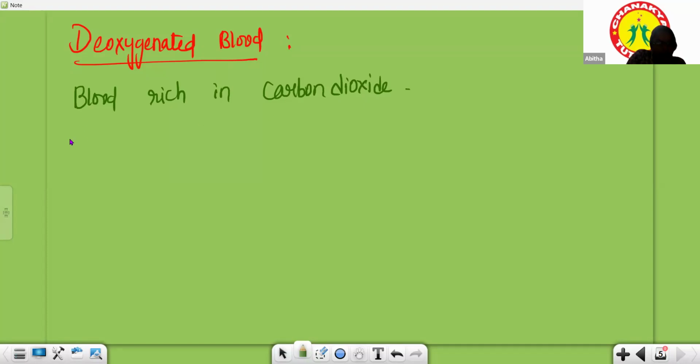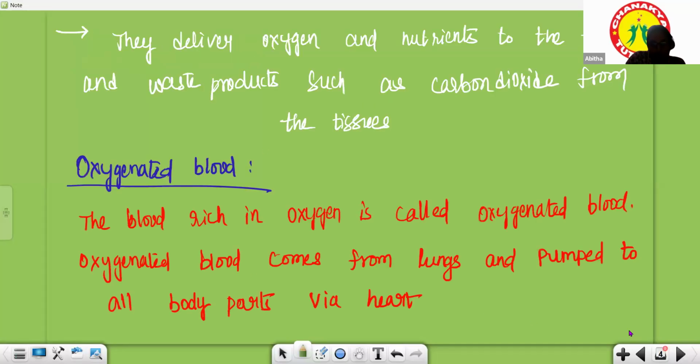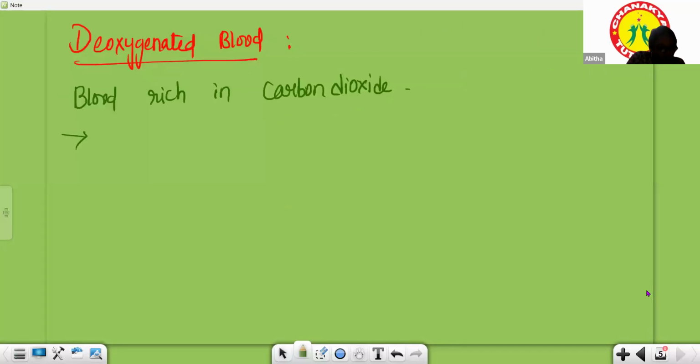If you compare the colors, the color of oxygenated blood is red because it is rich in oxygen. Oxygen can easily combine with hemoglobin such that it is bright red in color, whereas deoxygenated blood is darker in color.